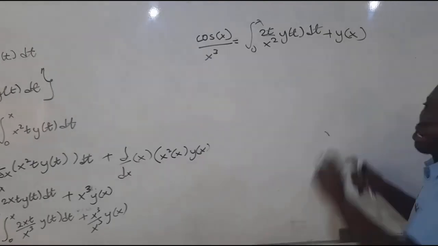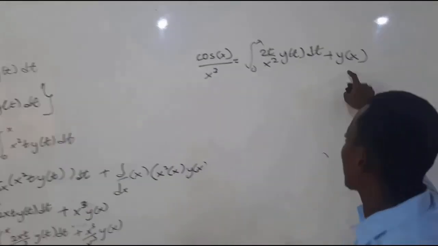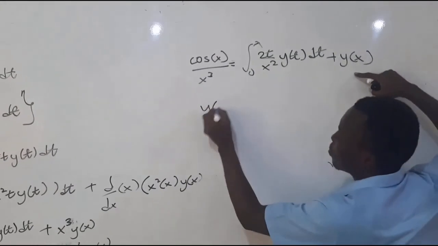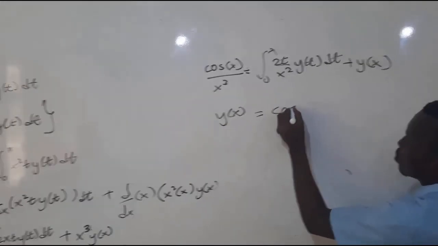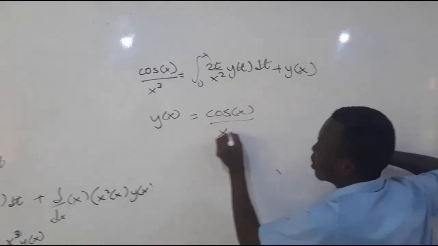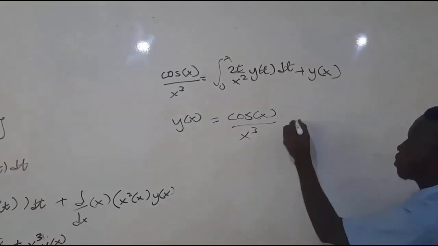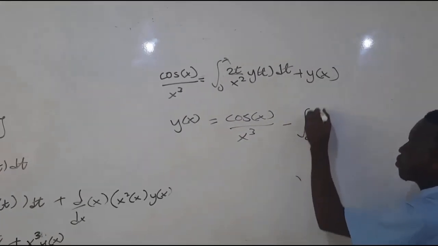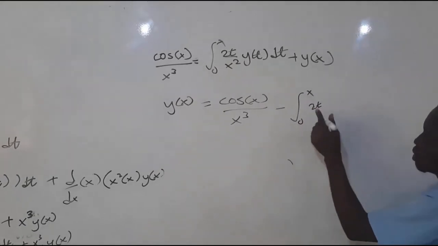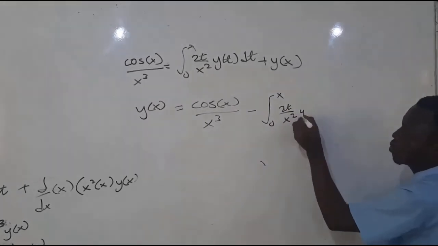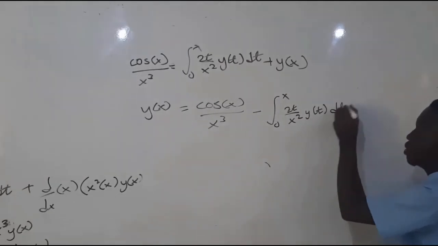Now let's make y of s the subject of the equation. Let's send this one to the other side, to be equal to cos s over s cubed minus the integral of 2t divided by s squared, y of t dt.